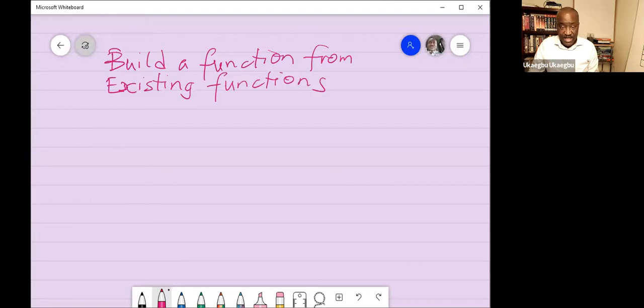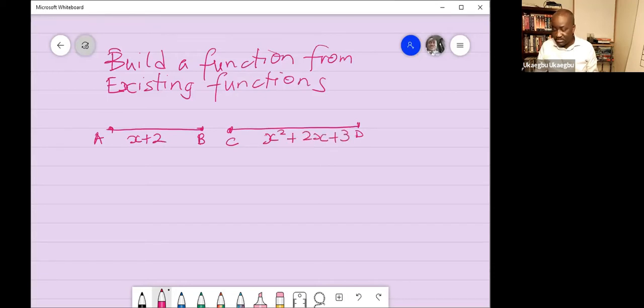So if I have a line segment from point A to point B, and then I have another line segment from point C to point D. If this line segment is represented by something like x plus 2, and this one probably something like x squared plus 2x plus 3, both of these things are functions.